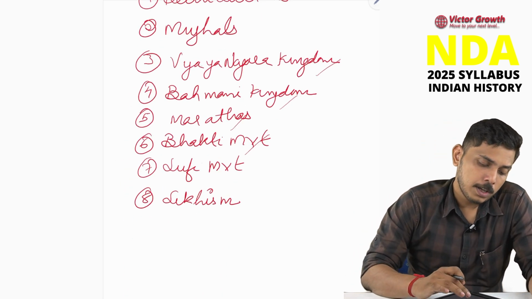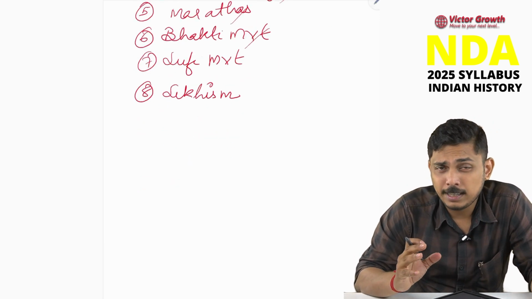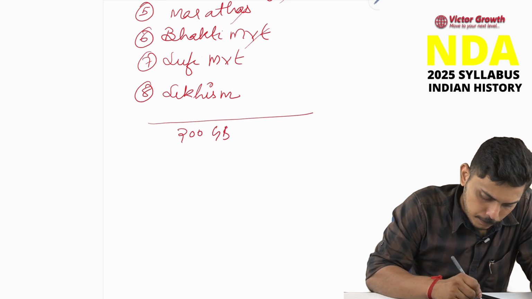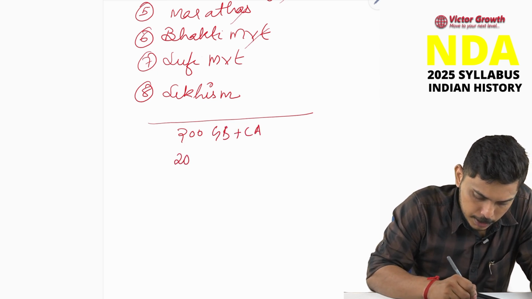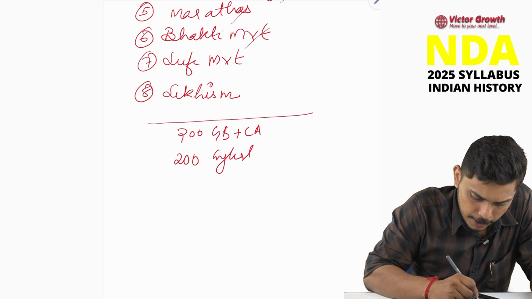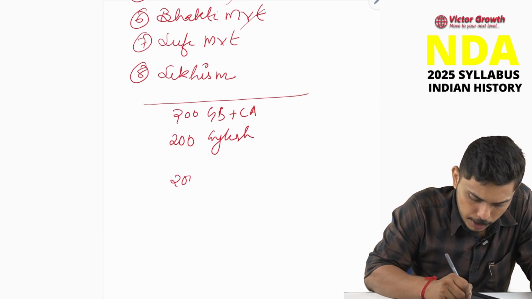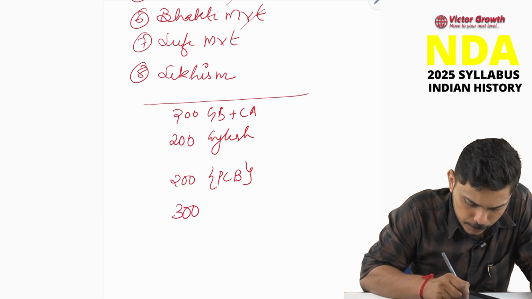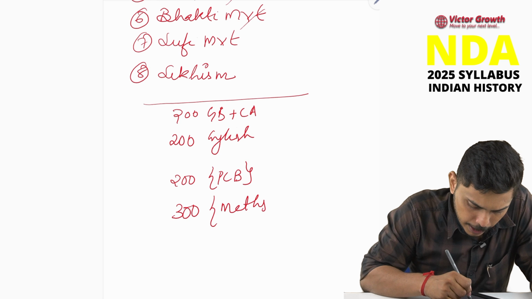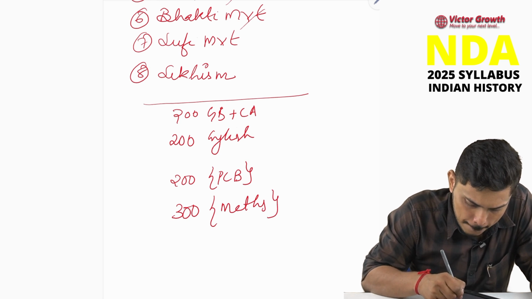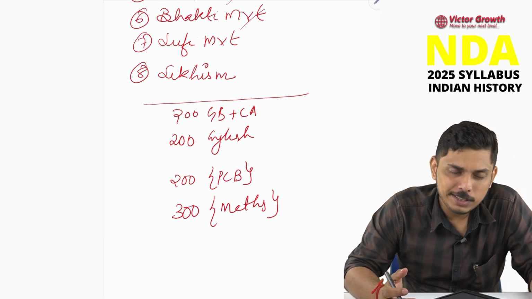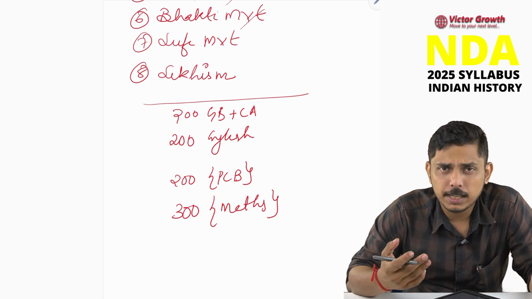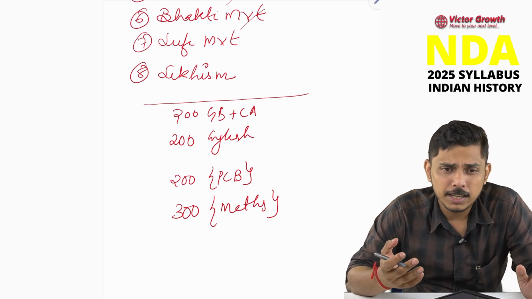So you may know that for your NTA exam, the whole syllabus means 200 marks for general studies plus current affairs, 200 marks for English, 200 marks for physics, chemistry and biology, then 300 marks for maths as the syllabus. And you know the trend of the cutoff analysis. If you score nearly in the 350, 360, 370 range, then you are near the cutoff.